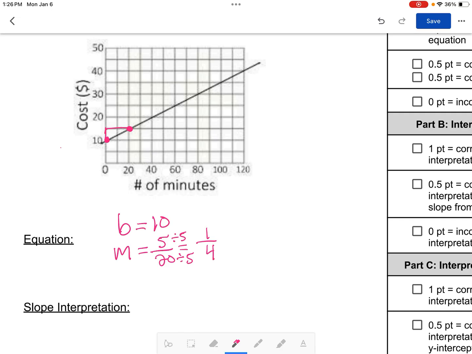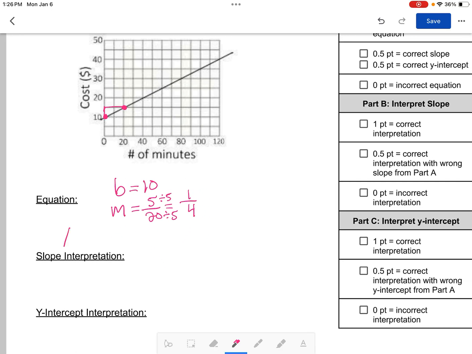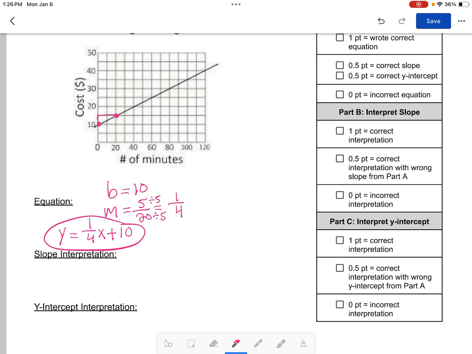So my m is 1/4, and my equation would be y equals 1/4 x plus 10.